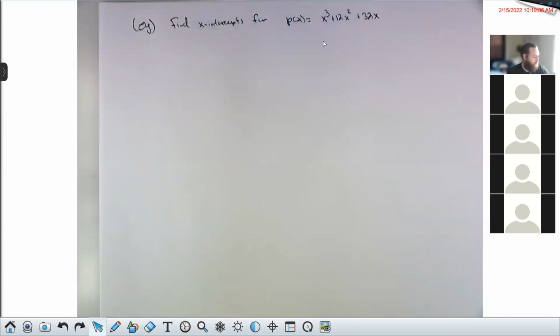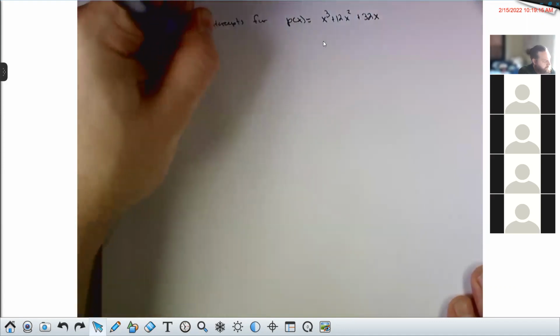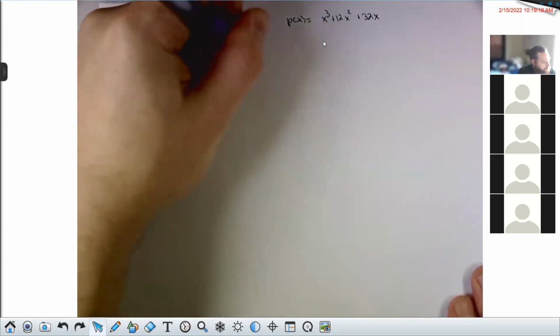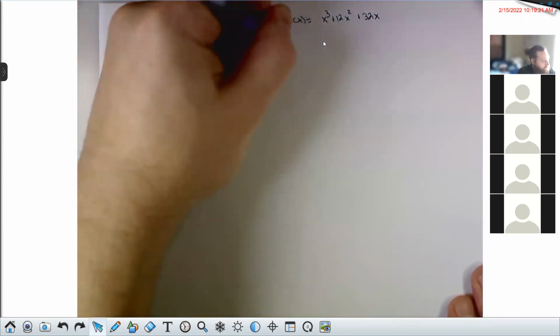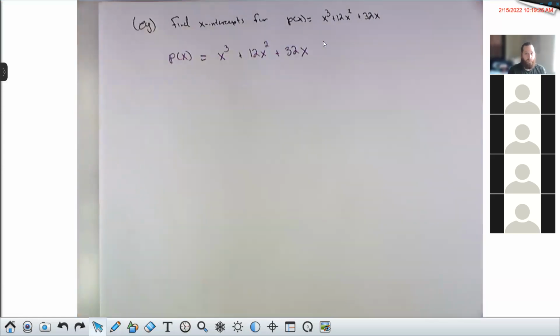So what we have to do is remember that x-intercepts means roots, and the way we get those is from factors. So if I look at x cubed plus 12x squared plus 32x, with a mind to factor the thing, what do you see? Oh yes, absolutely.